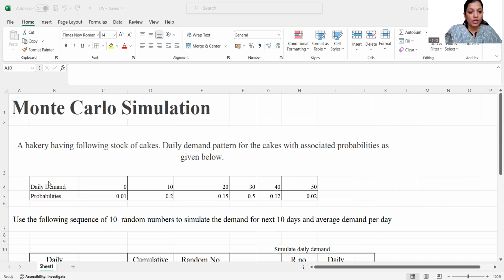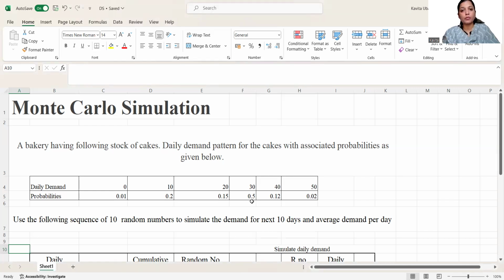On your screen, daily demand is given as 0, 10, 20, 30, 40, and 50. And probabilities are given as 0.01, 0.2, 0.15, 0.5, 0.12, and 0.02.